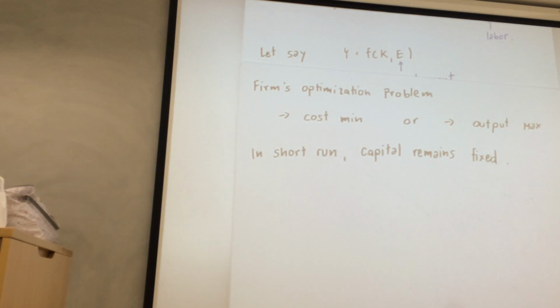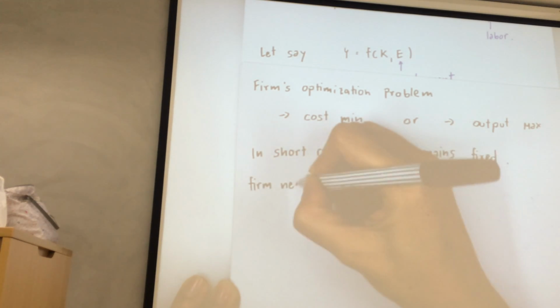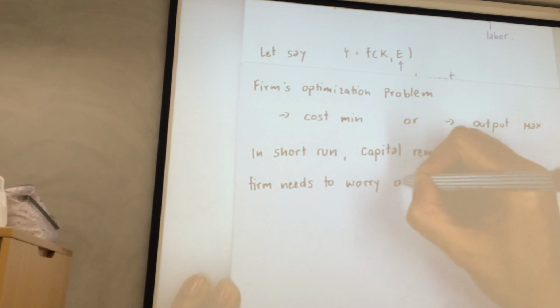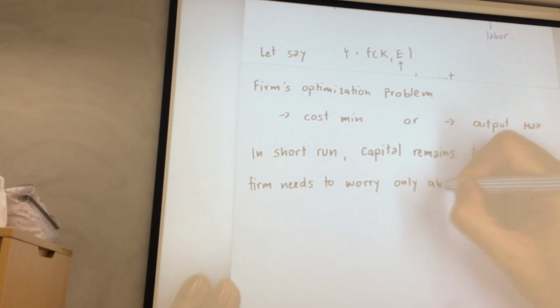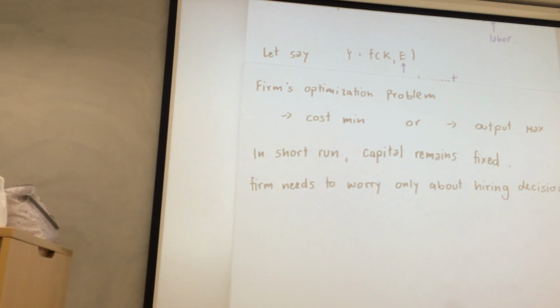So in the short run, you cannot adjust capital as freely, so only labor is adjustable. Firms worry about the hiring decisions, thinking about the labor, how many hours they should hire people.